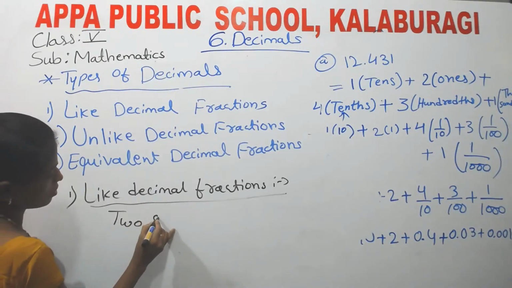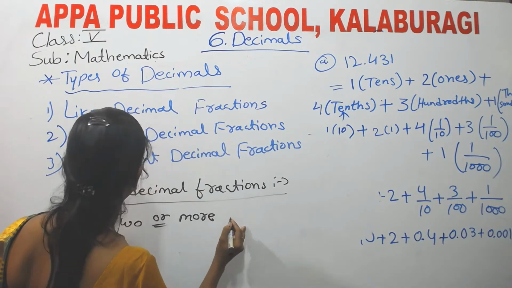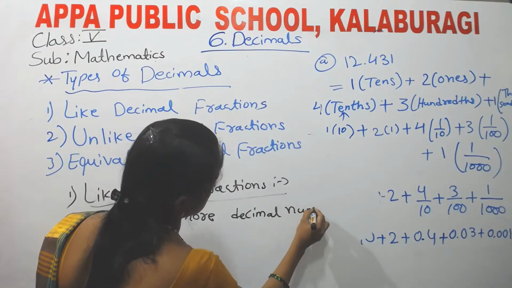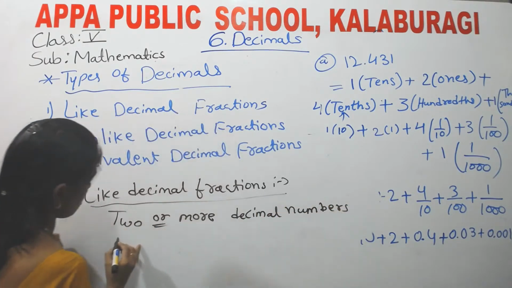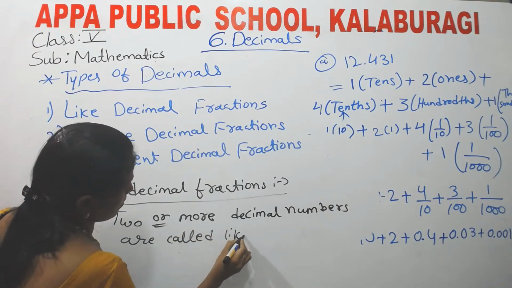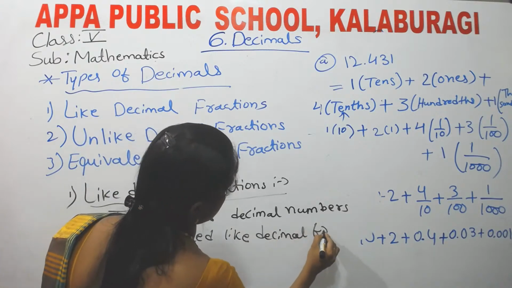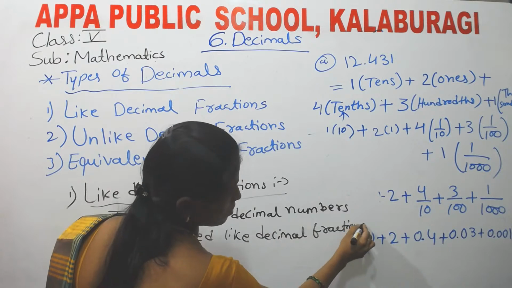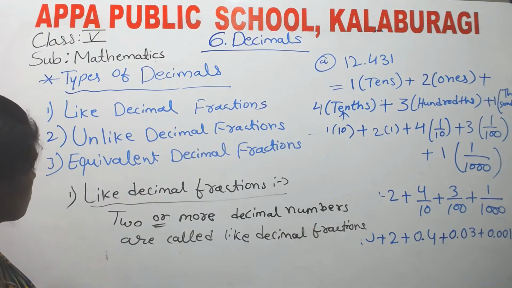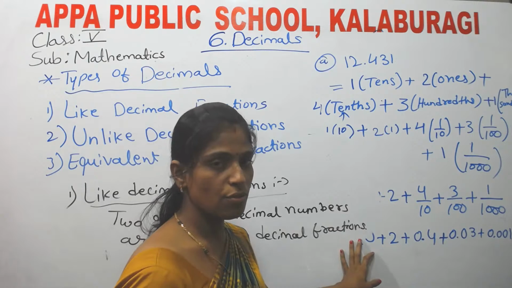Okay. For example, two or more decimal numbers are called like decimal fractions.